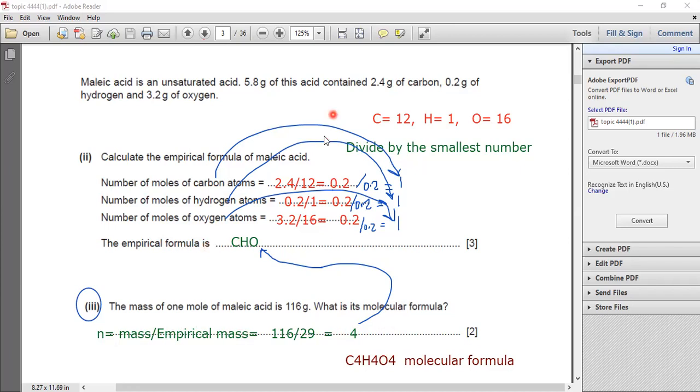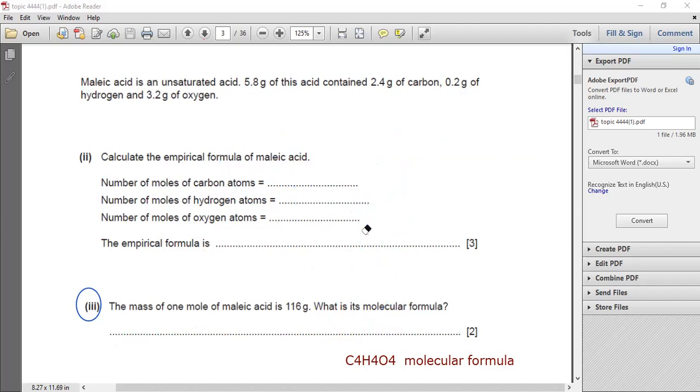Okay, now I have a question for you. Talal, open your mic, please. I need to ask you a question. What I said for you, after finding the number of moles of each one, you have to divide by the lowest number. What if, after division by the lowest number, carbon was, for example, 1.5, hydrogen was 2, oxygen was 3?